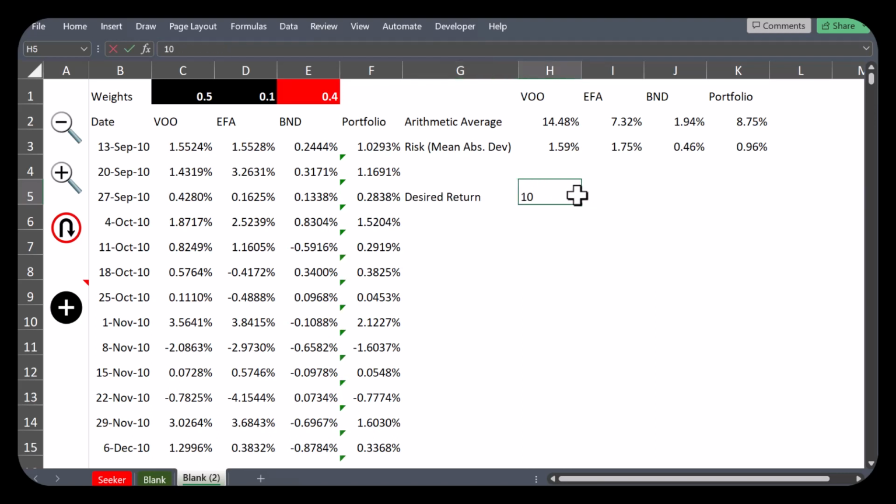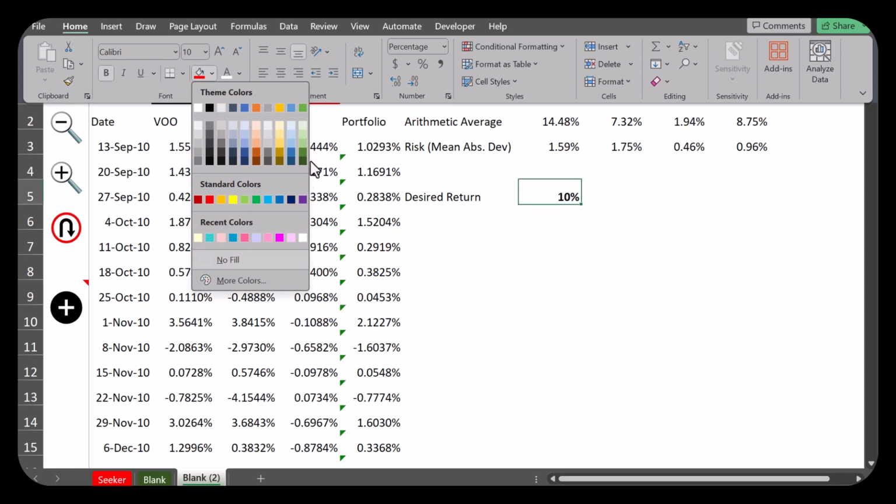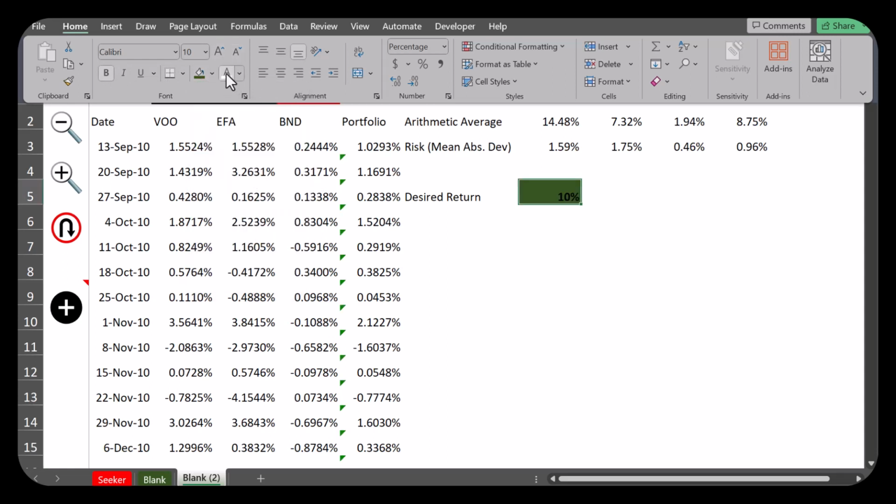And that's something that I'm going to input. So what I'm going to make it is a dark green background with a white font.